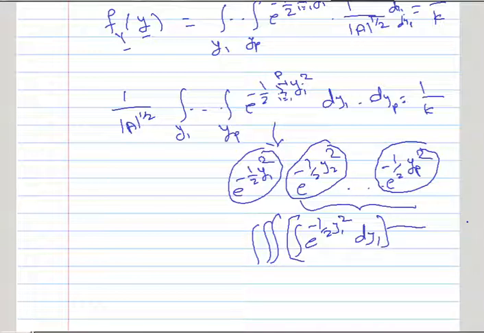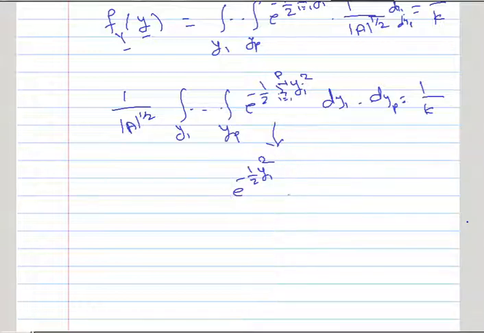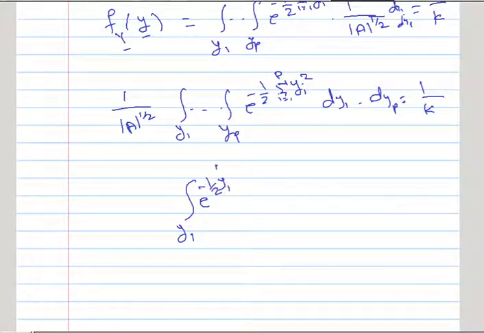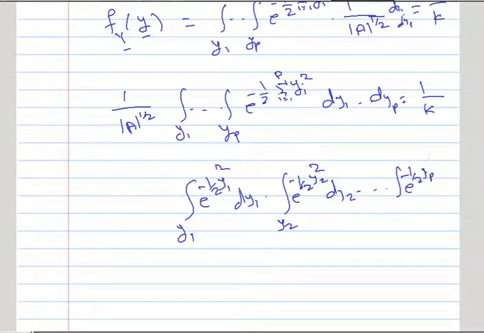So this total integration can be reduced to this form: integration with respect to y1 of e raised to minus 1/2 y1 square dy1, then integration with respect to y2 of e raised to minus 1/2 y2 square dy2, up to integration over yp of e raised to minus 1/2 yp square dyp.